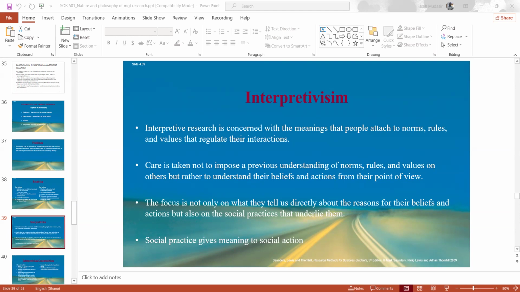So here, care is taken not to impose previous understandings. In other words, you are not going to import what you know in the US and bring it to Ghana. Sometimes we have scholars and politicians doing that.